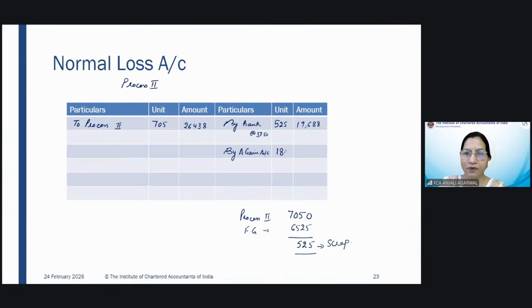So 180 units, which would otherwise have sold for 37.5, which means 6750, we don't have.